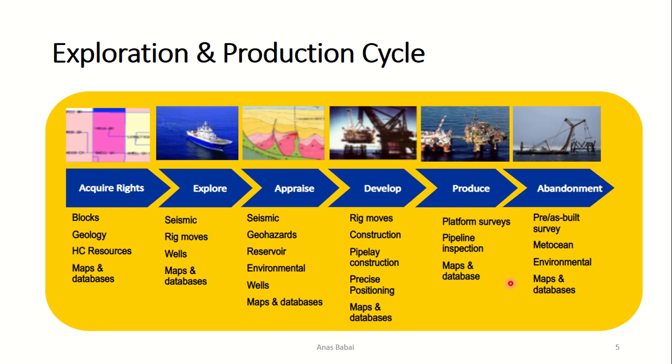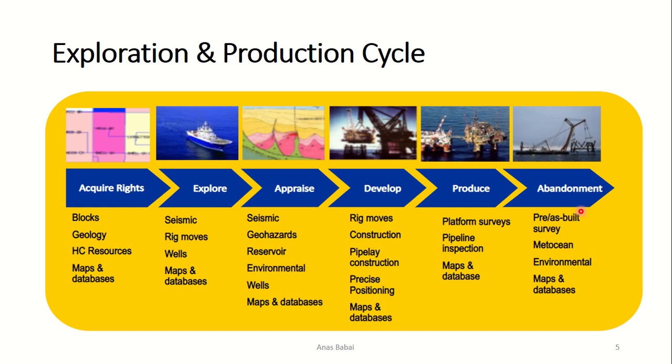After the production takes place for a specific time and the oil field is no longer able to produce a sufficient or commercial amount of hydrocarbon, the oil field goes to abandonment, and in this phase we kill the wells and remove all the equipment, and we try more or less to bring the area to its previous shape.